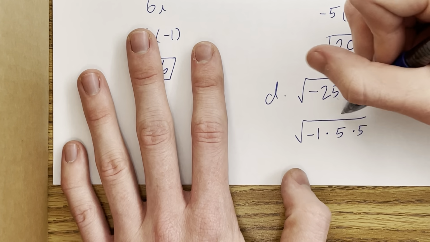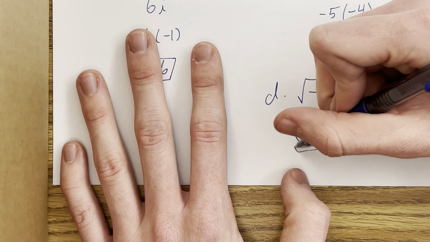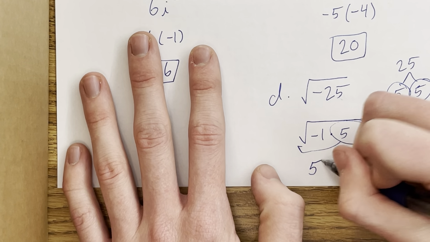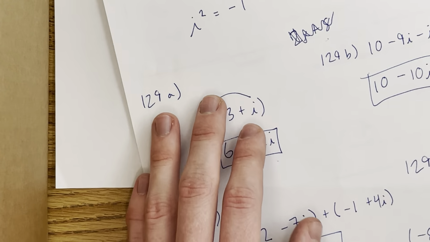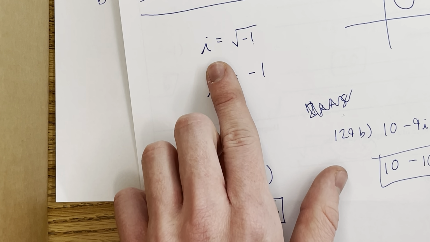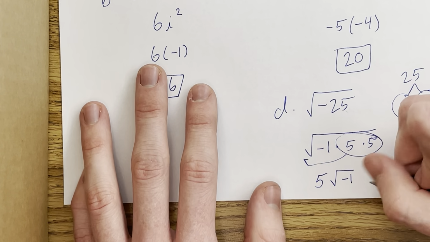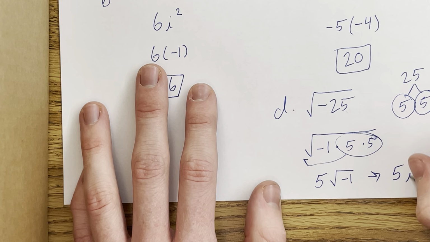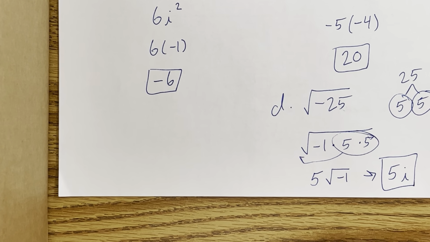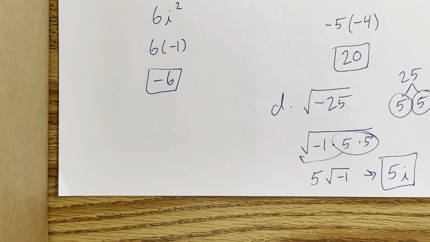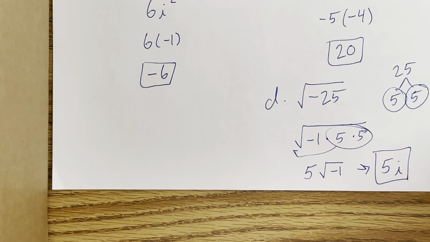Because we have a pair of 5s, we can bring them out to the front. So we have 5 square root negative 1. So if we remember, square root of negative 1 is I. So that would be 5I. And that's the answer.